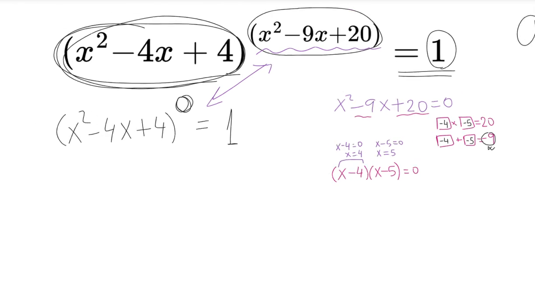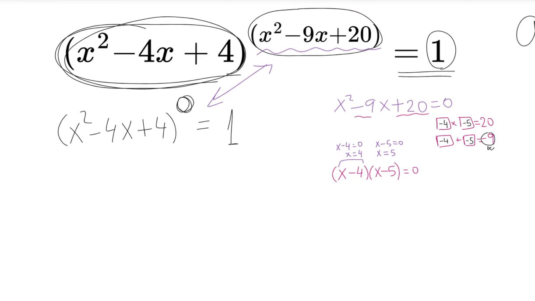Excellent. We have two solutions. So x is equal to 4 and x is equal to 5 are the solutions to this equation.